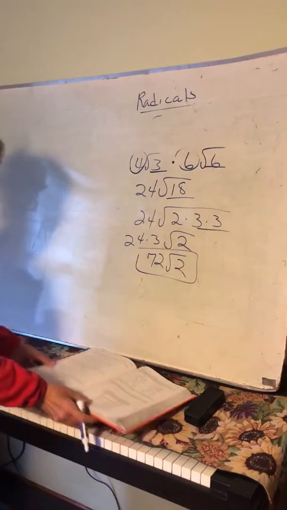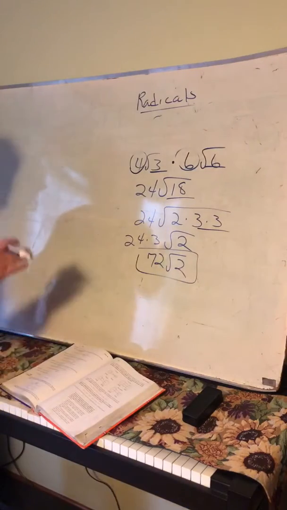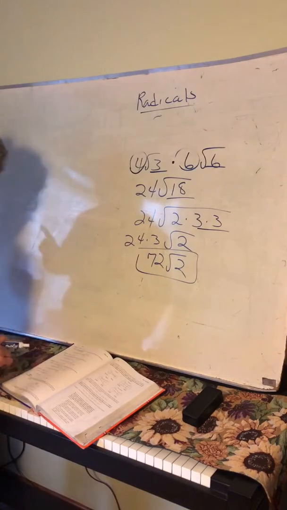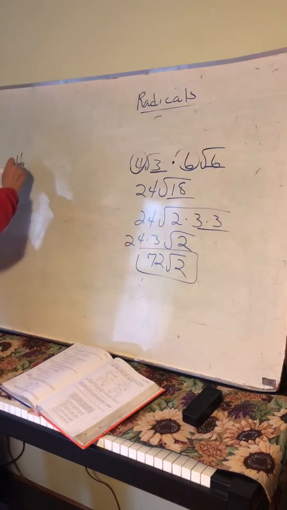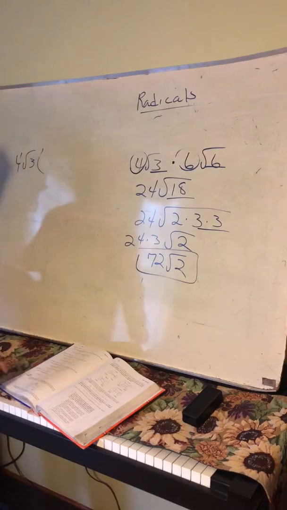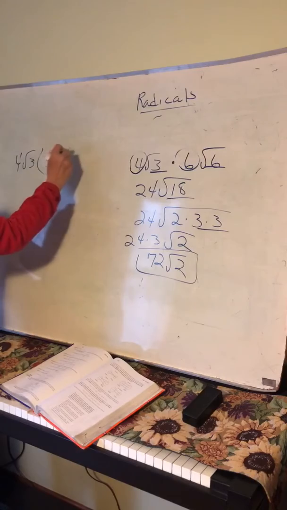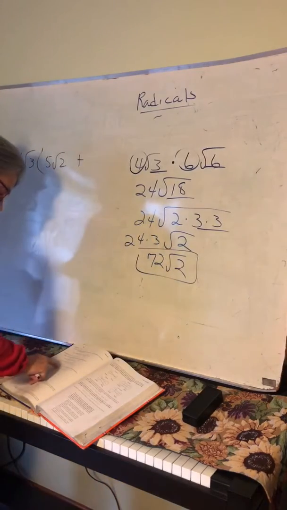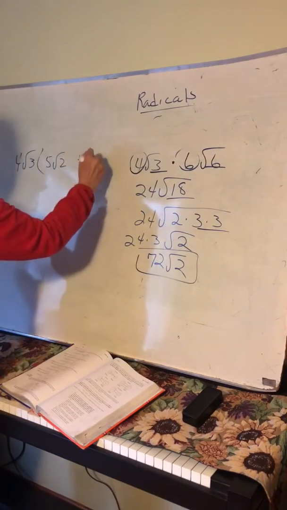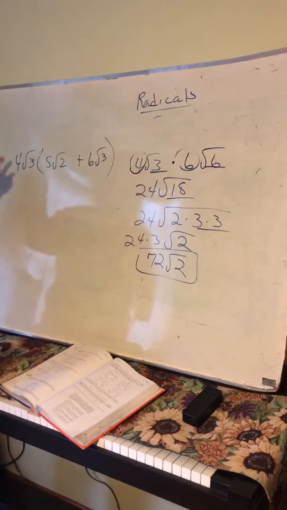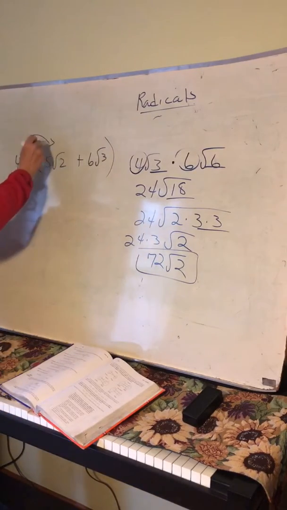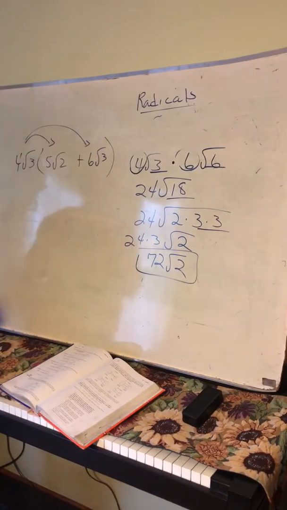Okay, now they're going to throw in a next one here, and this is you're going to be distributing. Okay, so we have 5 square root of 2, and then plus 6 square root of 3. So we're going to distribute these and multiply, and just go ahead.